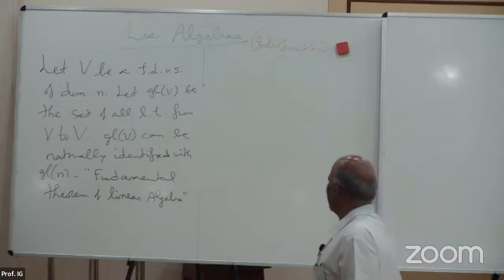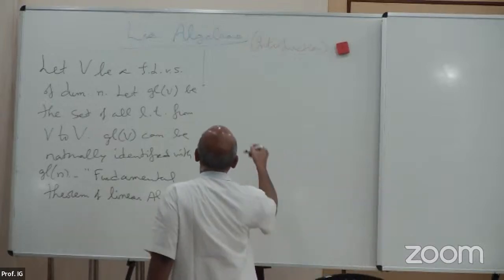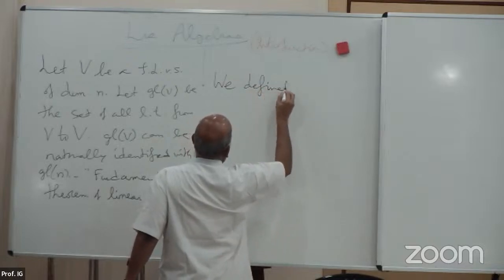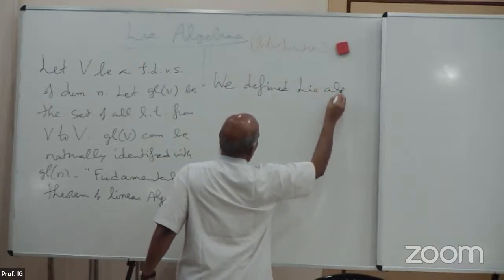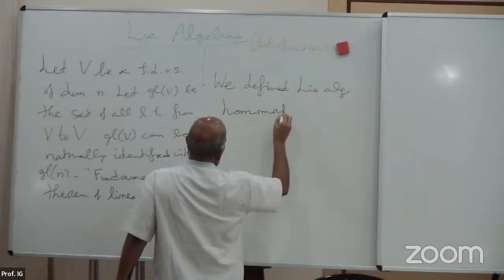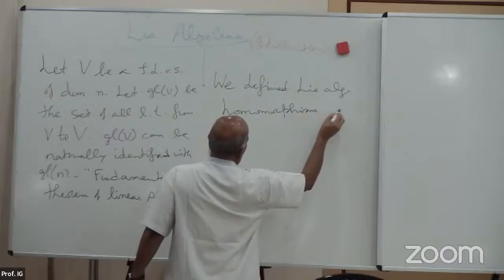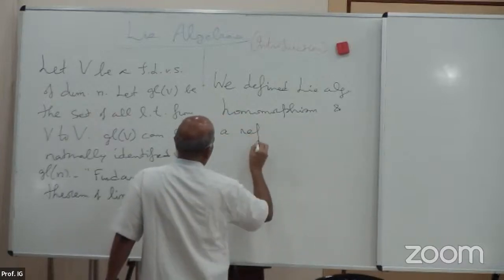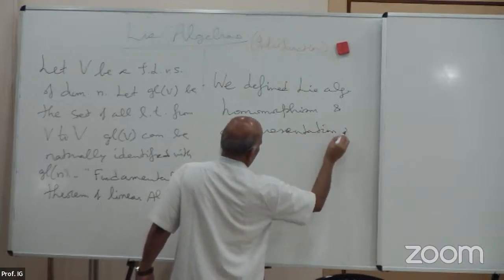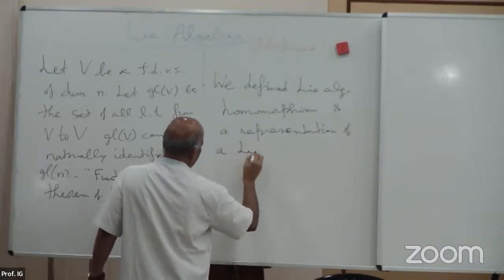Okay, so we have defined Lie algebra homomorphisms and the representation of a Lie algebra.